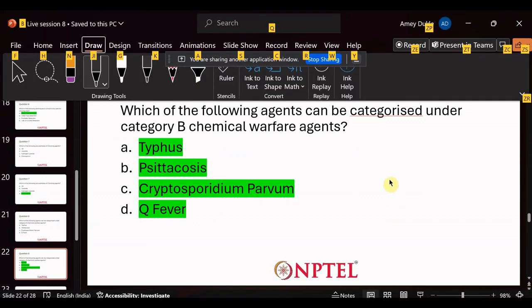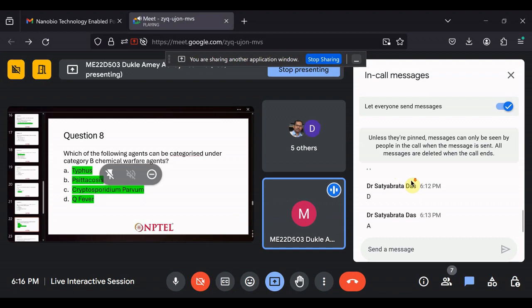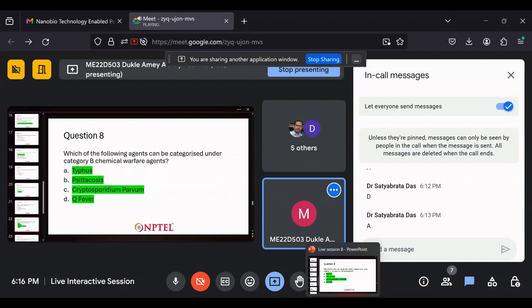So the answer is all of the above. Basically, these are fundamental questions. In this, you have to go through the lecture slides to know the answers. So the answer is all of the above. Any questions?